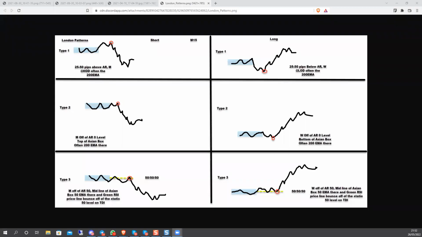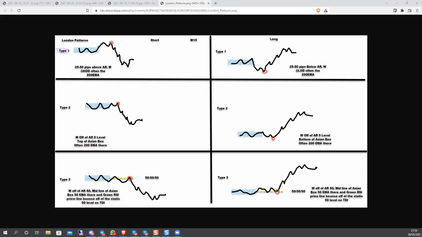So in this flashcard, you can see our London patterns and the various types that we have. Just get my annotator. So in this one, we have our type 1 London pattern. The blue box represents the Asian session where price is accumulating.